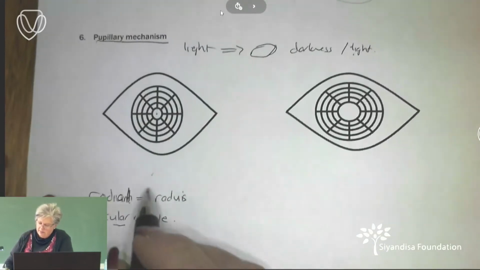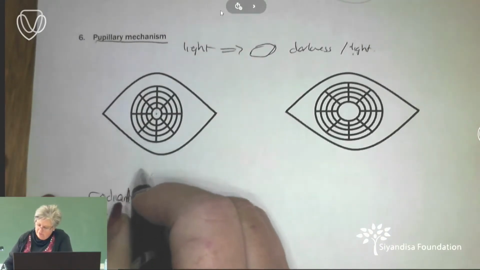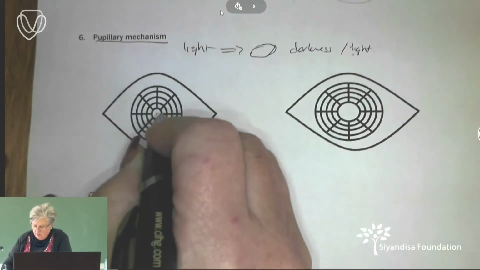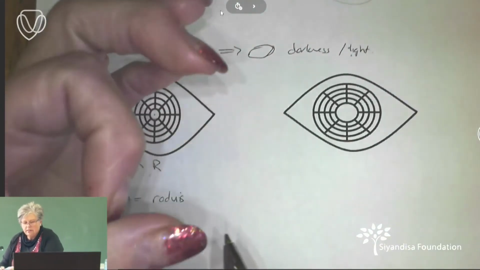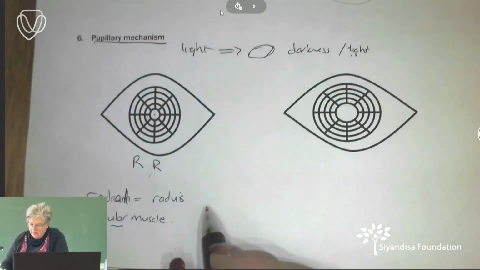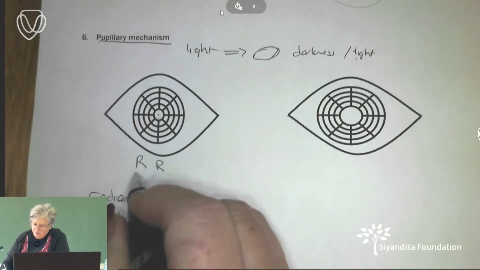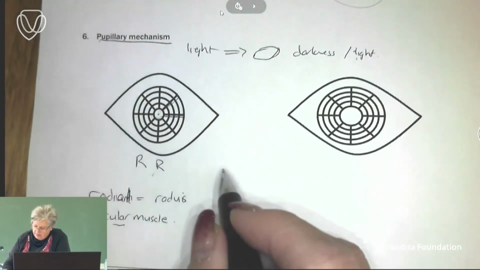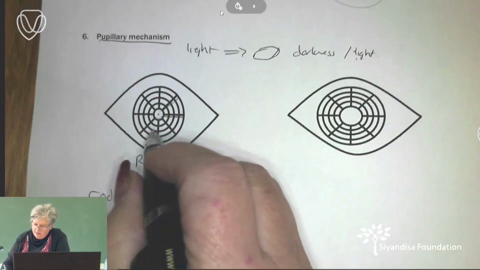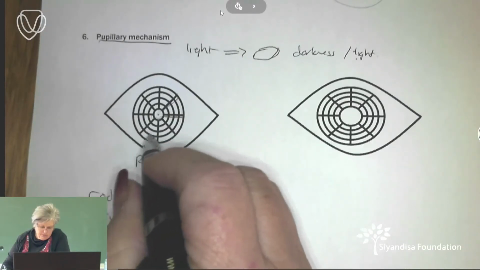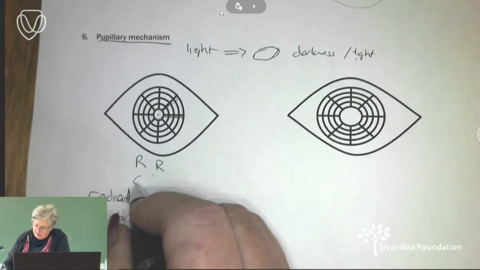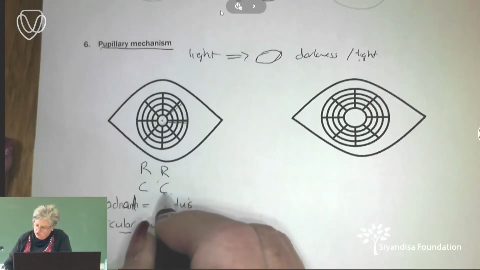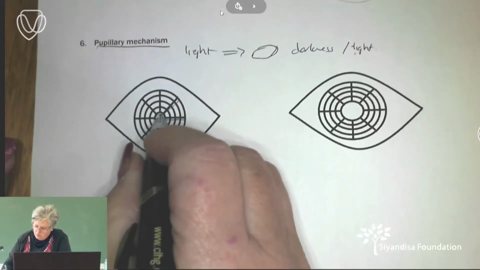Now what happens in this one is, if the radial muscles relax, again it's like the rubber band, it's small, they are relaxed. Then the circular muscles contract and become smaller.